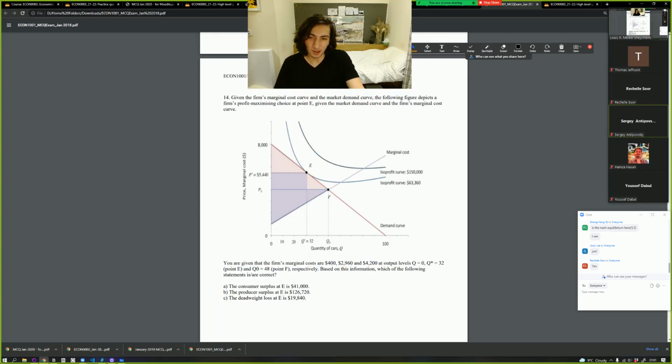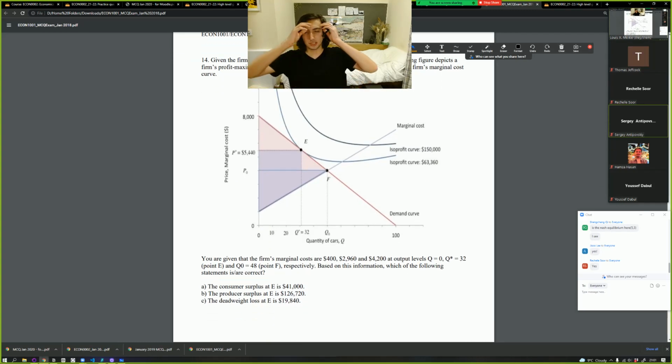So to do this one, with consumer and producer surplus, it's really a sort of graphical method. So you're essentially calculating these areas individually. So this would be consumer surplus. First of all, let's just label where everything is.